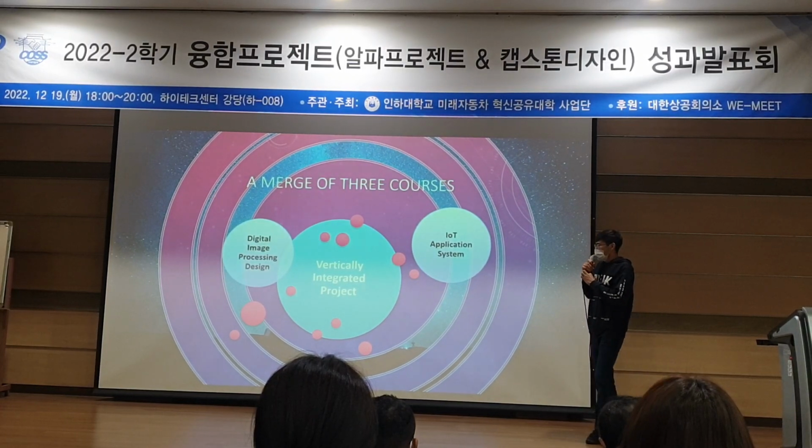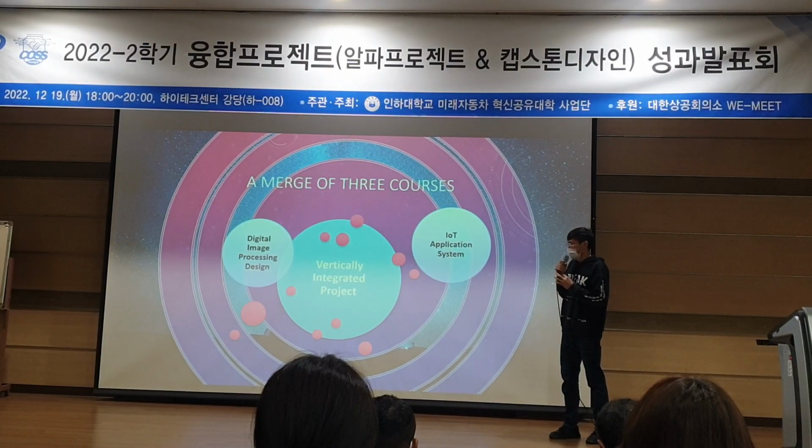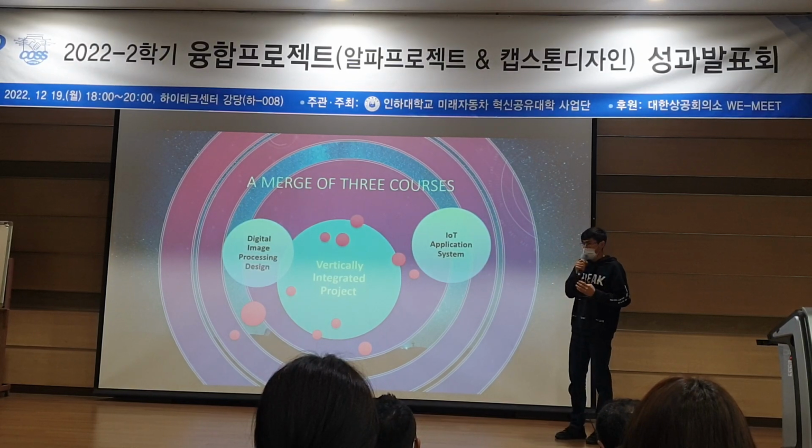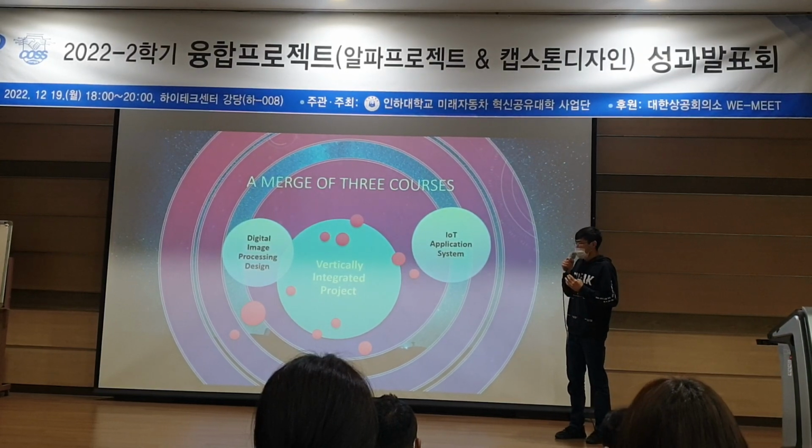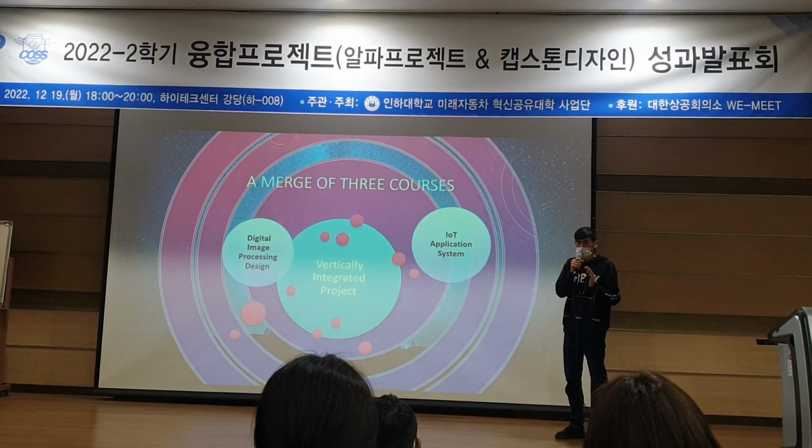This semester, we took the digital image processing design course first, and in this course we learned how to train cascade classifiers, for example for traffic sign detection, speed sign detection, or lane detection.